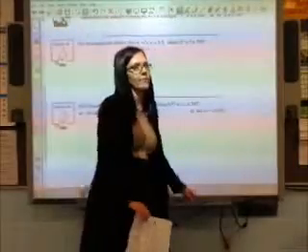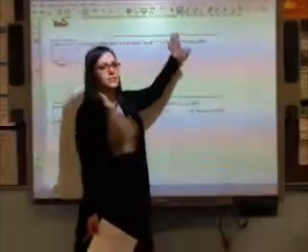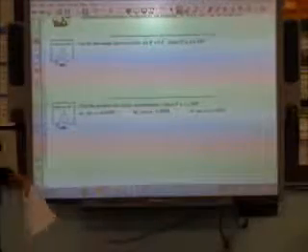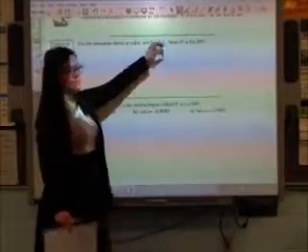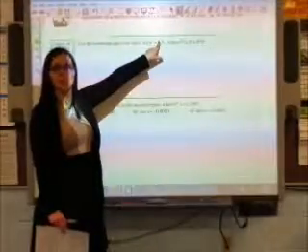So if we look at class example number 5, we're asked to solve sine theta equals 0.5, where theta is between 0 and 360 degrees. The value of sine in this question is positive.